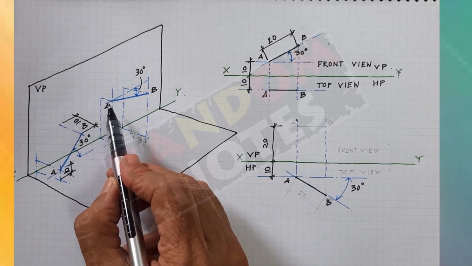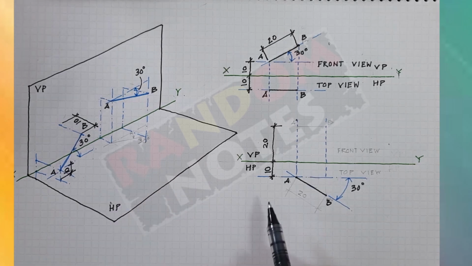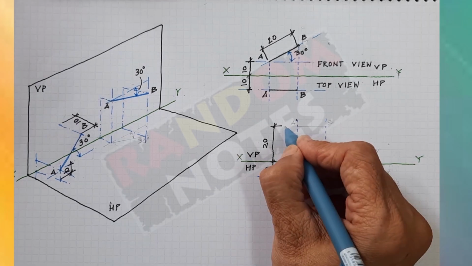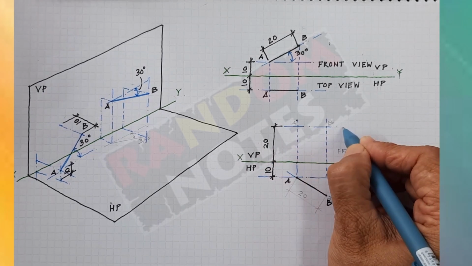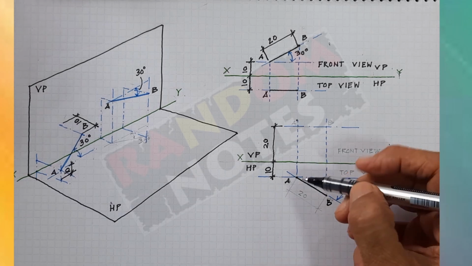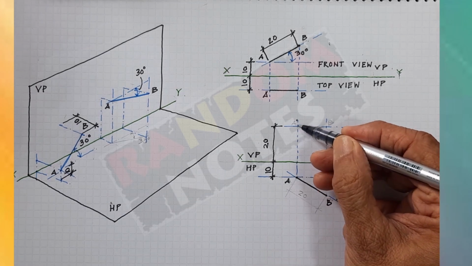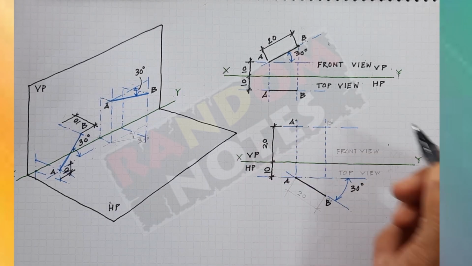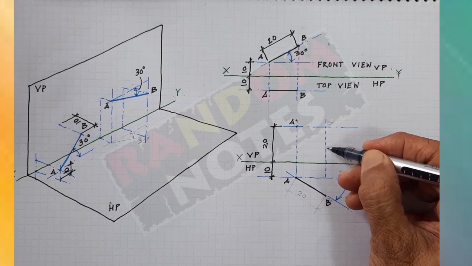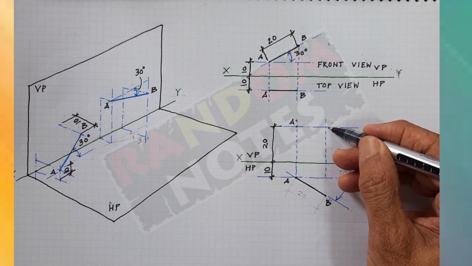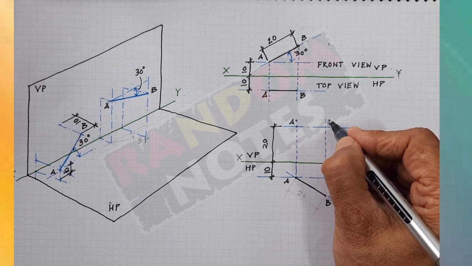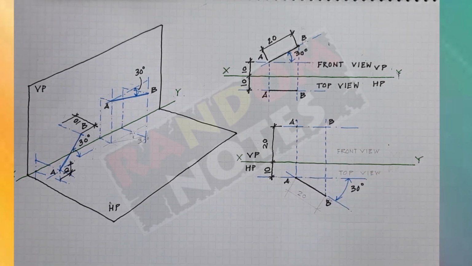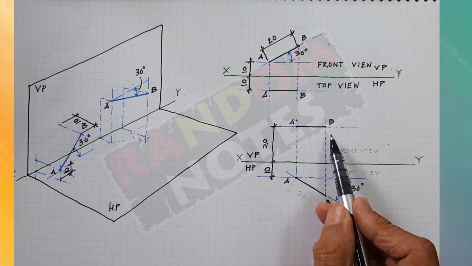The line is parallel to the horizontal plane and at a distance of 20 mm. So I took a distance of 20 mm and made this reference line. Wherever the projection from point A cut the line, I identified it as point A, and wherever the projection from point B cut the reference line, I identified that as point B. And this gave me line AB.